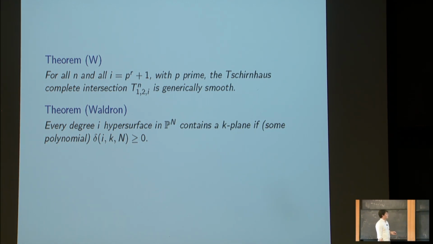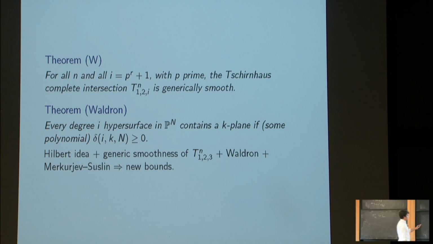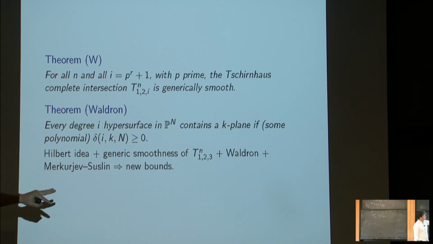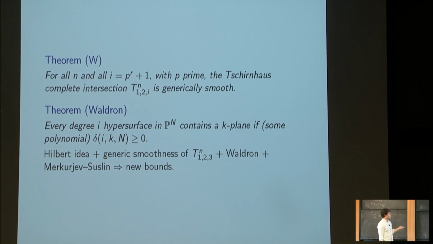And then there's a theorem from about 10 years ago by Waldron, building on work of Hochster and Laxov, which said that actually based on dimension count, every time you expect a linear subspace to exist, it will, for any hypersurface whatsoever. Right. And then you take this idea of how to use these nested sequences of linear subspaces, use the generic smoothness to cut down the number of variables of the functions you need to pick the linear ones, then use existence, recursive-Suslin, you get the new bounds.